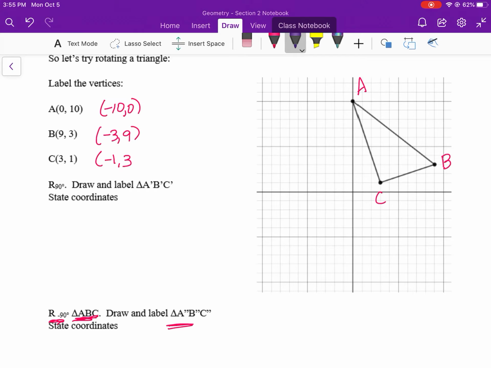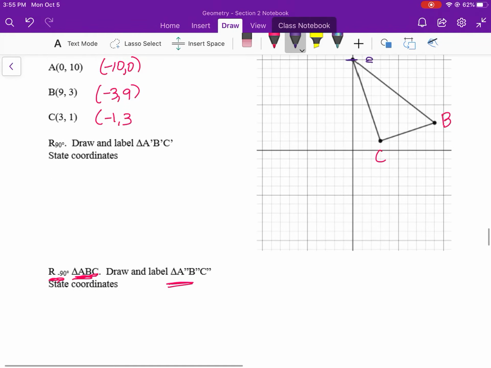So now I have to turn it to the right, okay? And when I turn it to the right, this looks like 10, 0. This looks like my x-axis. So A double prime looks like 10, 0. I'm going to put a dot right over here at 10, 0. Okay, now I'm going to do C.